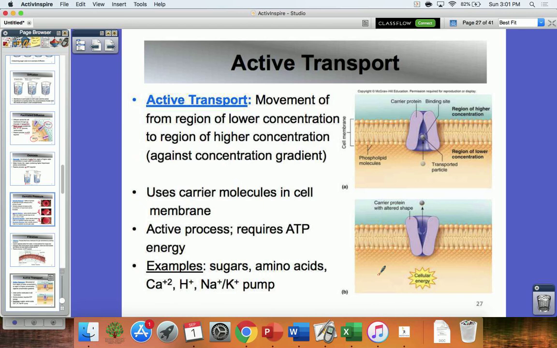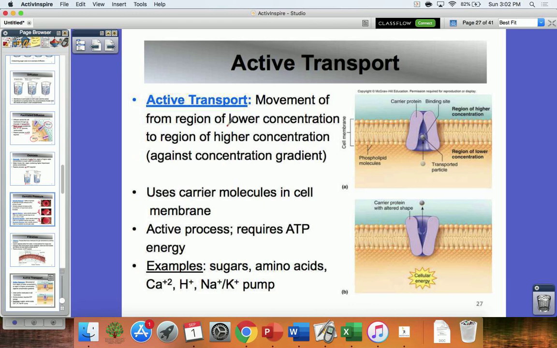Next, this is going to be active transport. Again, with active transport, we do have ATP. And if you remember, for all the ones we just mentioned, we're going from areas of high concentration to areas of low concentration. With active transport, it's going to be the opposite.